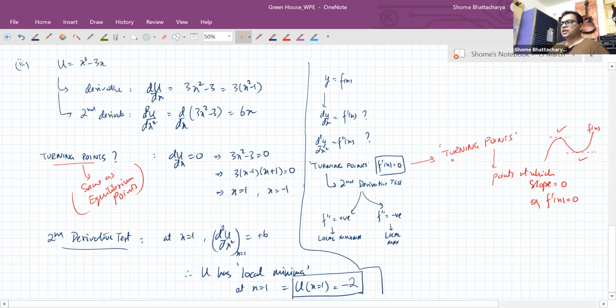Okay. Then at the turning point, if f prime x is equal to 0 is giving you the values of x, suppose x equal to x1, x equal to x2, etc., then you check the value of f double prime x, that is the second derivative, at x equal to x1, x2, etc. So that is called the second derivative test.